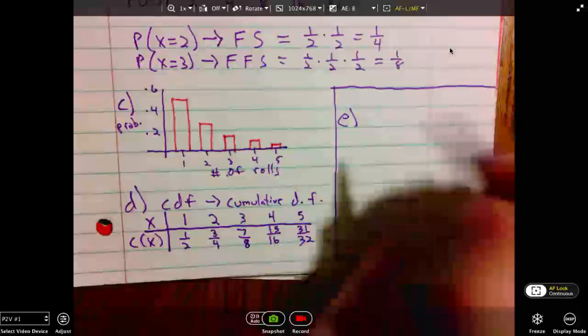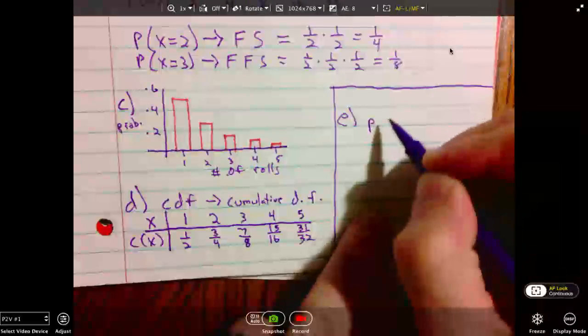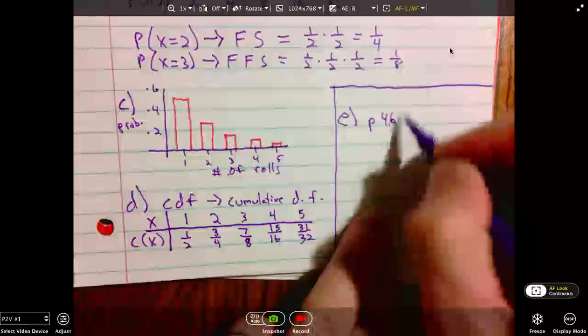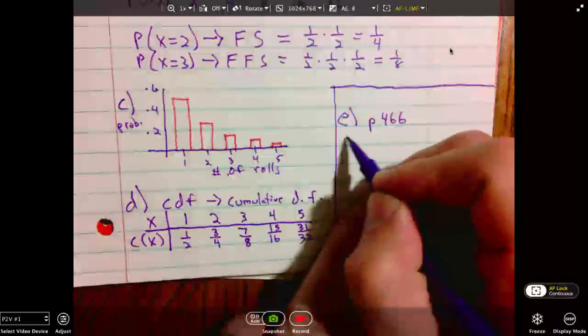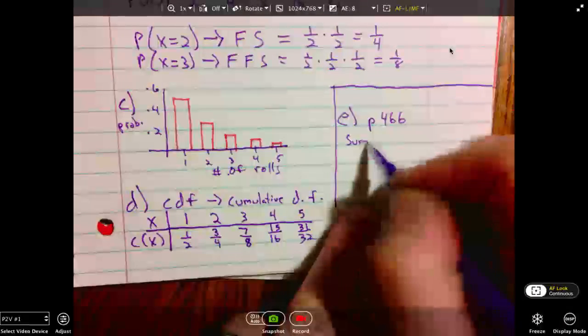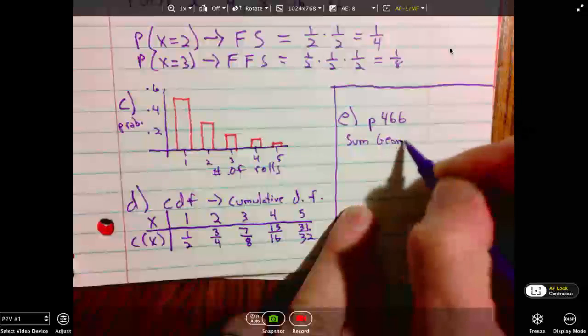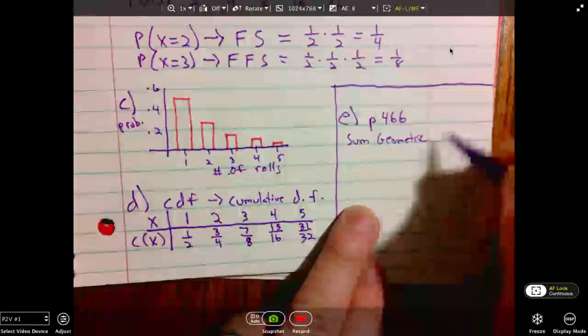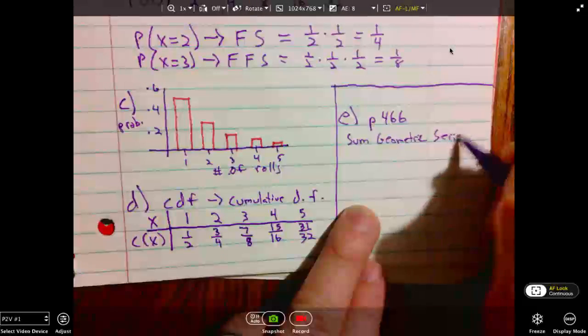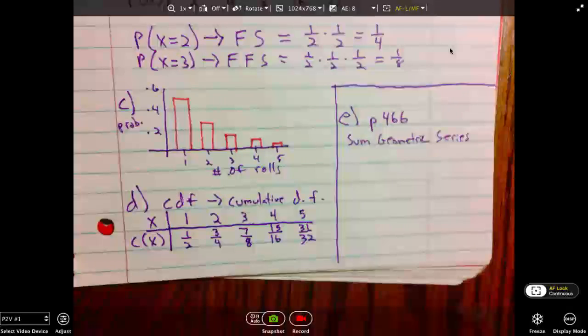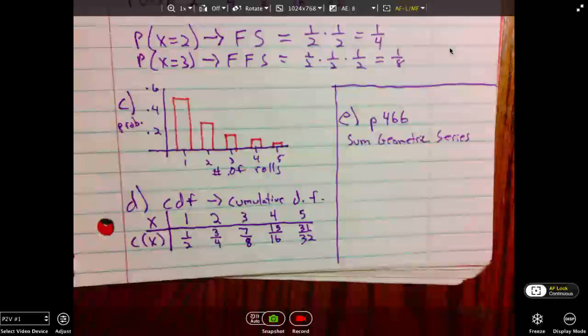From page 466, sum of a geometric series. Those of you in pre-calculus and in calculus may be familiar with this.